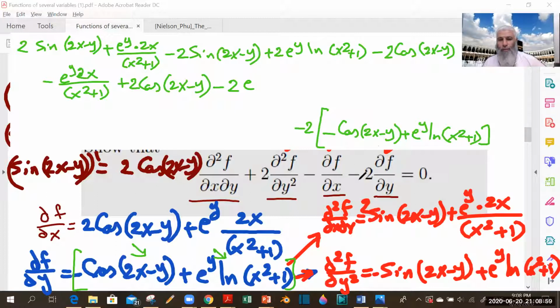Of course, it is multiplied, not added. Understood: minus 2e^y ln(x squared plus 1). Now we need to simplify that. We need to get 0, as this is 2 sine(2x minus y).